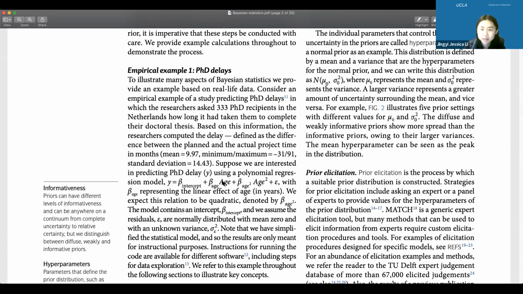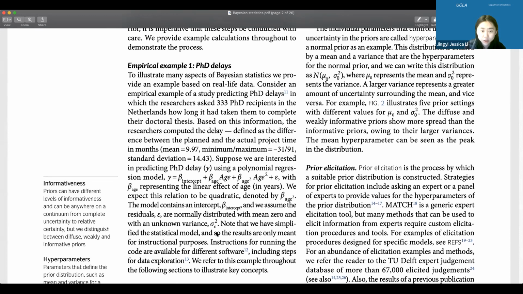This study includes age as a linear term and as a square term in this model. The parameters of interest include the intercept, the age coefficient, and the age squared coefficient. The model assumption is that this error term, epsilon, is normally distributed with mean 0 and an unknown variance denoted by sigma epsilon squared.